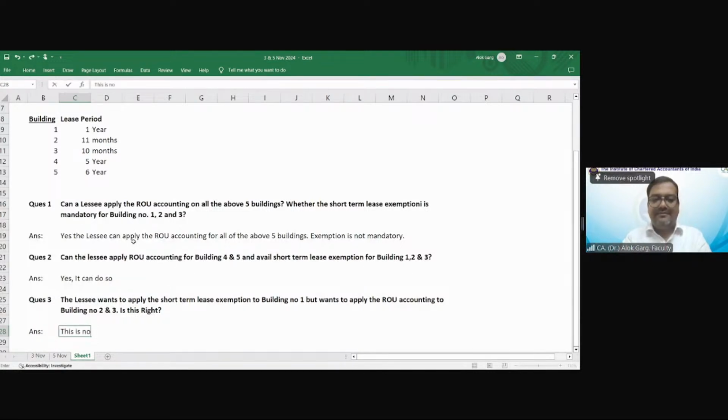So this is not right. The lessee has to avail the exemption for the entire class of assets which are eligible for exemption.